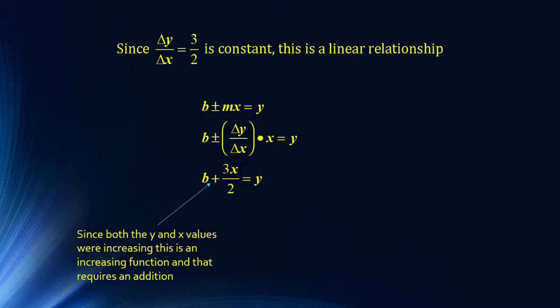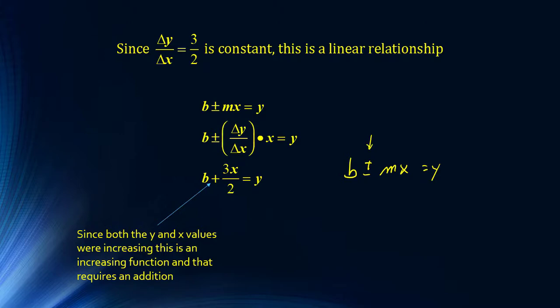This plus sign in the third equation on this page is an addition sign. Whenever we have an increasing function, that plus or minus that we had between b and mx, that's right here.